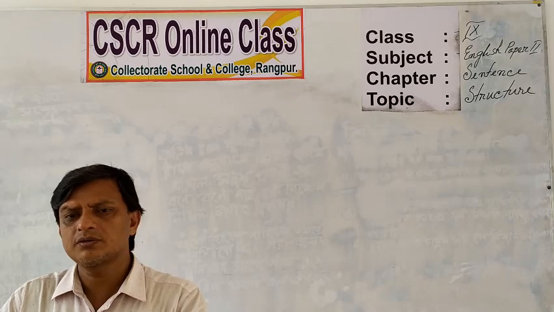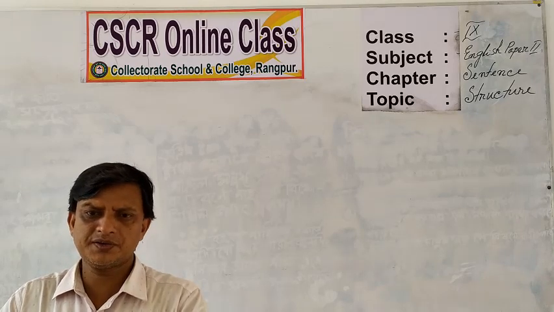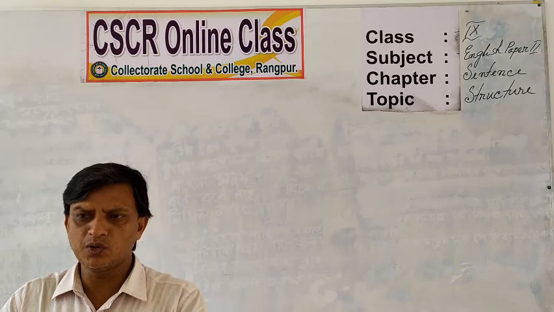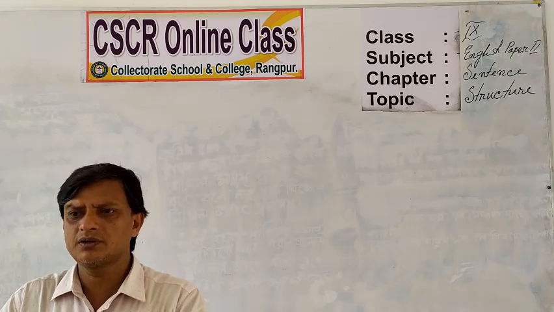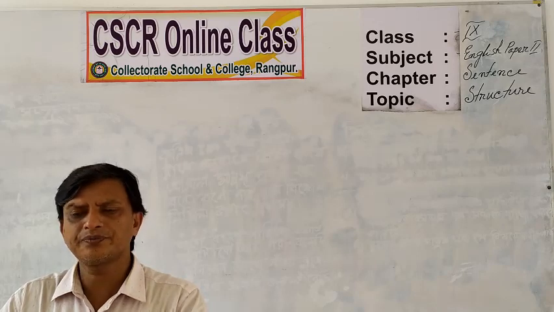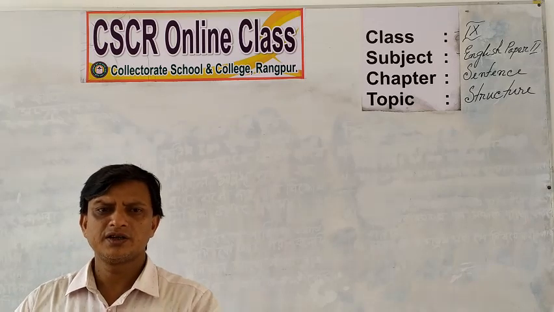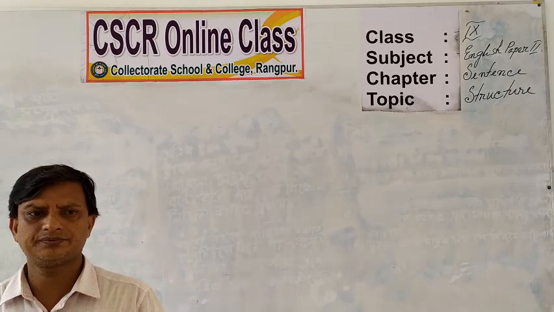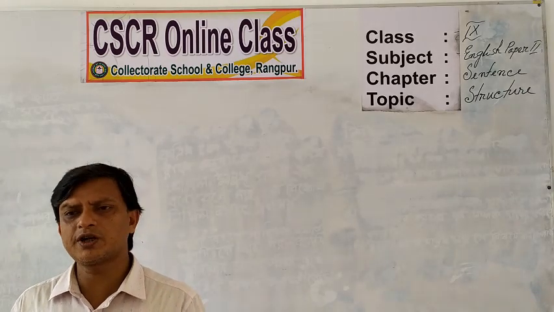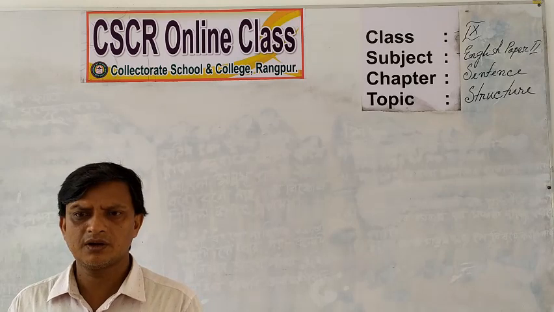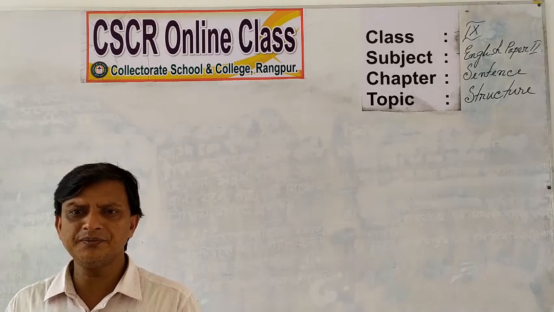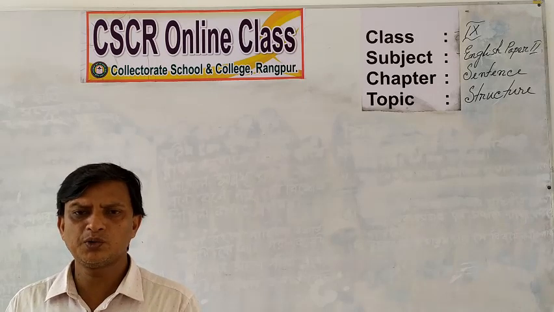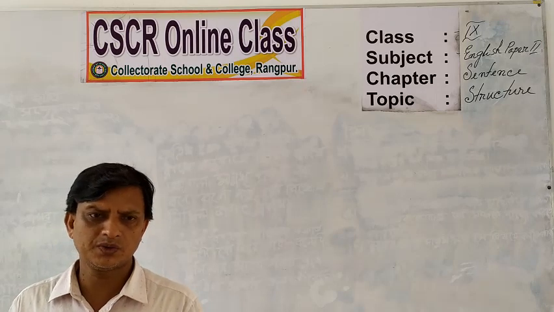Our today's class is on sentence. You know, a sentence is a group of words having a full meaning. In the previous classes you could classify sentences according to meaning, but today in class 9 you will classify the sentence according to structure.